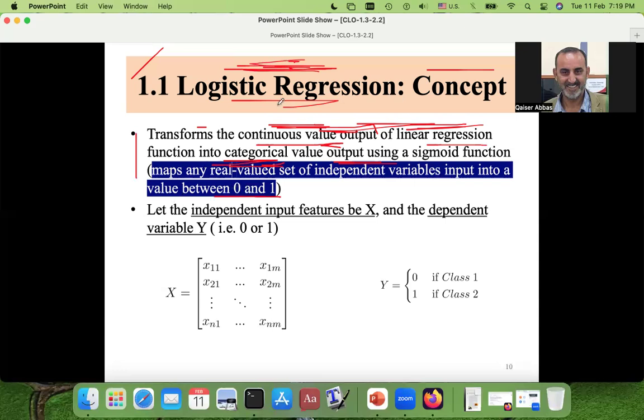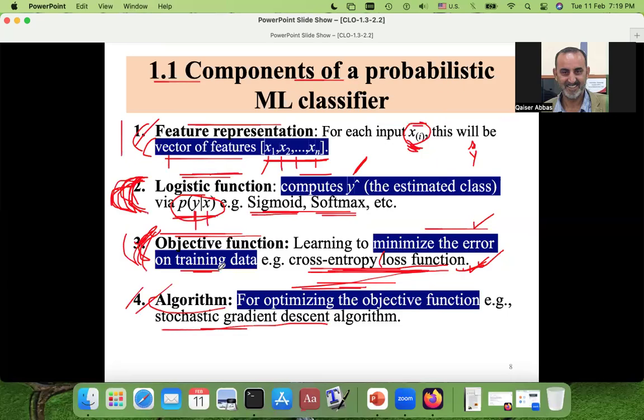So now, in logistic regression, what would be the input? Now we are going to start with the input. Input would be the features, and features in vector form. So input would be independent input features, and if we represent it with x, it will have something like this: x11, you have already seen the vector of features from x1 to xn.